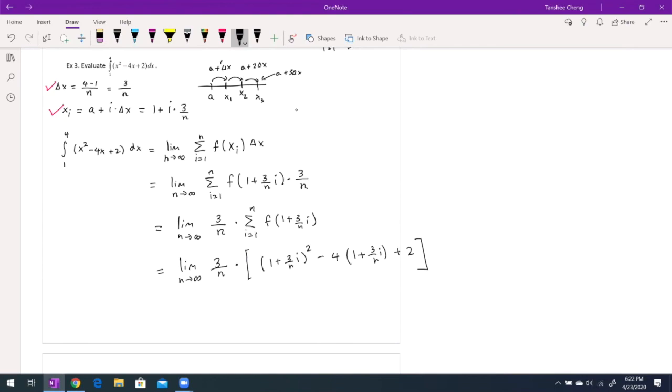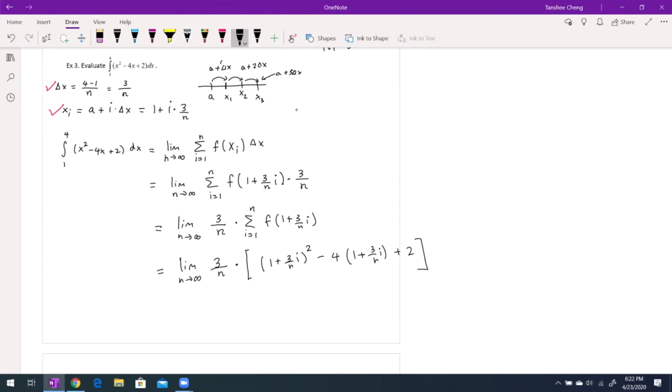Now take a look at this. Is everything in terms of n now? Not yet. Everything is almost in terms of n, because what we are doing is finding the limit as n approaches infinity. I'm missing something.